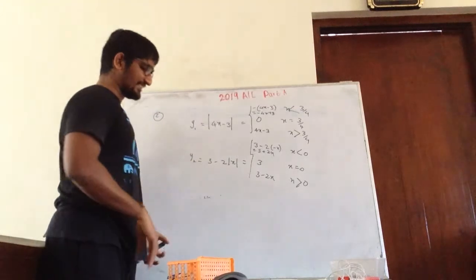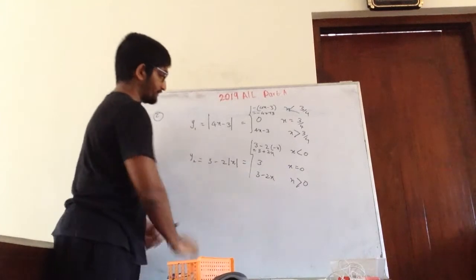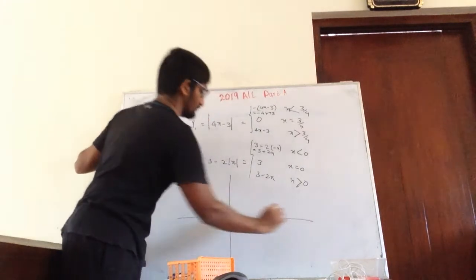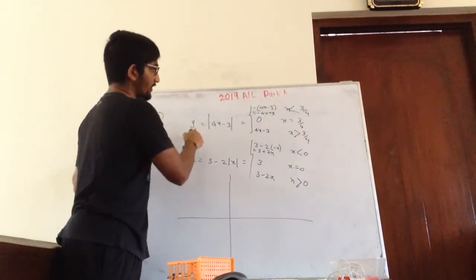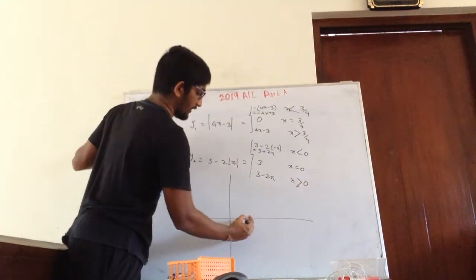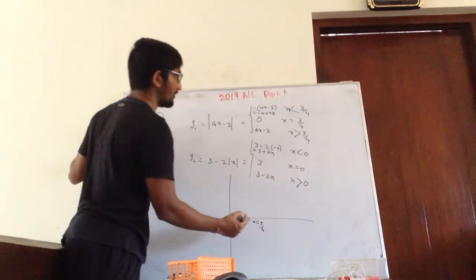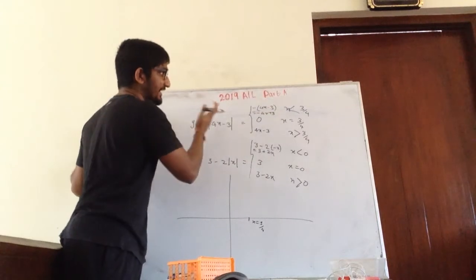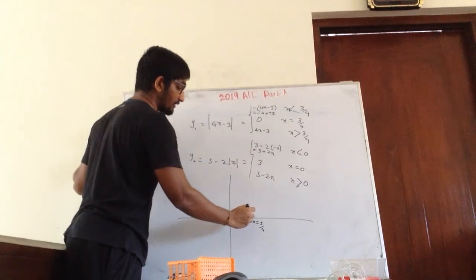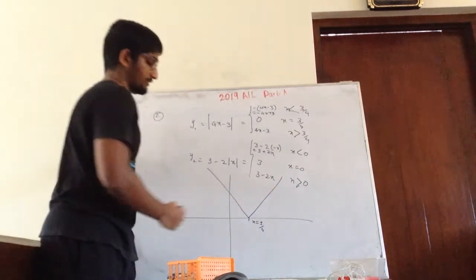Right, so we need to sketch this. So now, if we sketch this down, looking at y1, at x equals 3 over 4, this becomes 0, and then when it is less than 3 over 4, you get minus 4, so that's a very big gradient, and after that you get something like this.